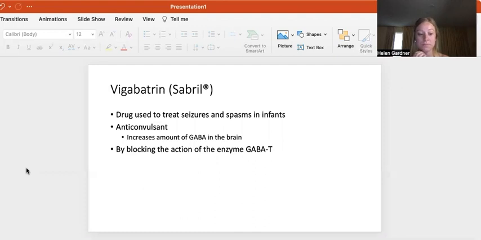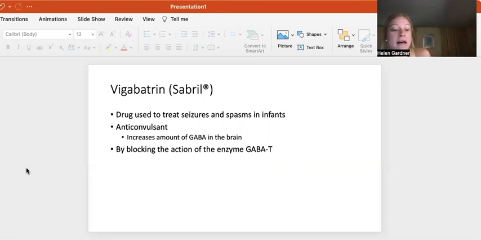Vigabatrin is an anticonvulsant, and it increases the amount of GABA in the brain. Some seizures are caused by low levels of GABA. So when vigabatrin increases GABA, it reduces the likelihood of someone having a seizure.